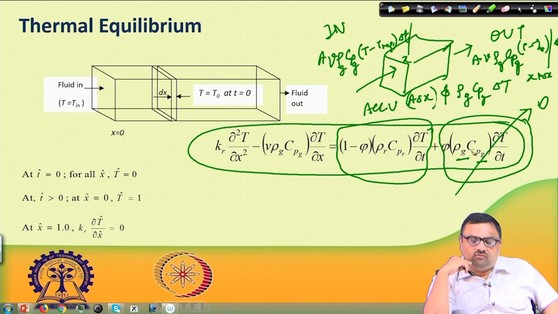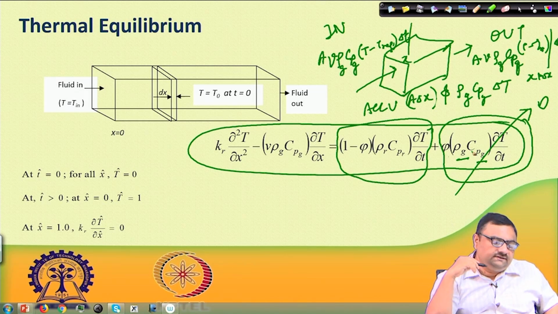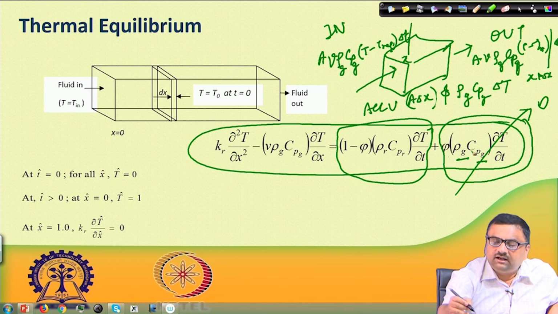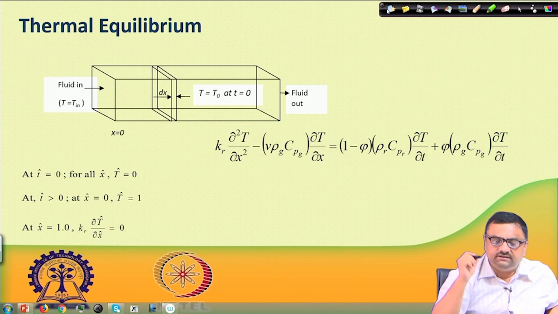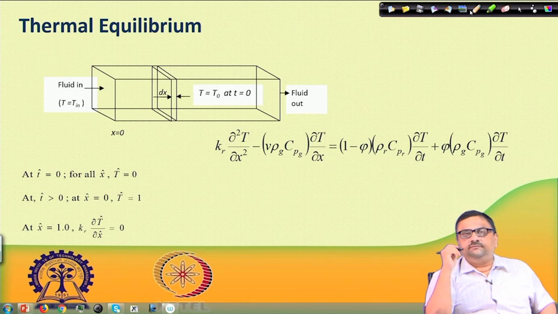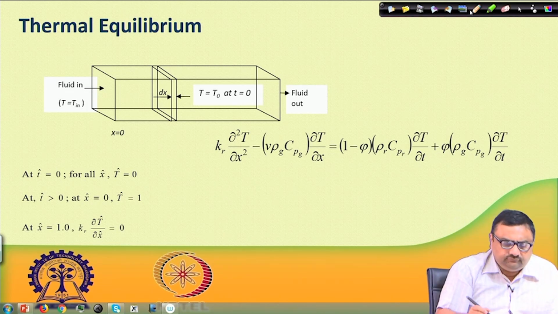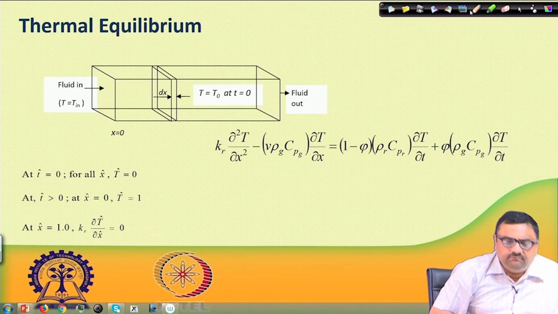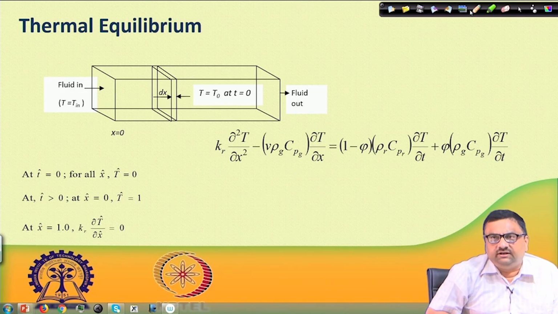Now we look at this equation. There is one major thing I must point out at this time: if you look at the temperature, whose temperature are we talking about? That is a major question. I have a fluid that is flowing, I have a solid which is there. Now, we are treating this as if the temperature is a continuous field inside this porous medium.